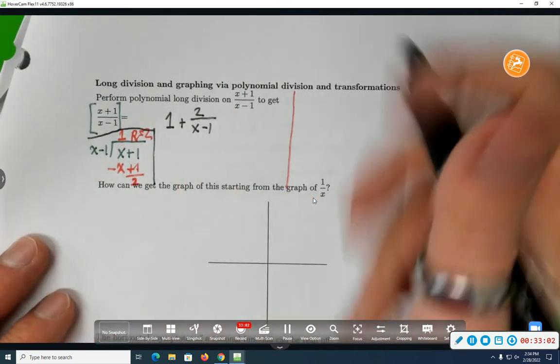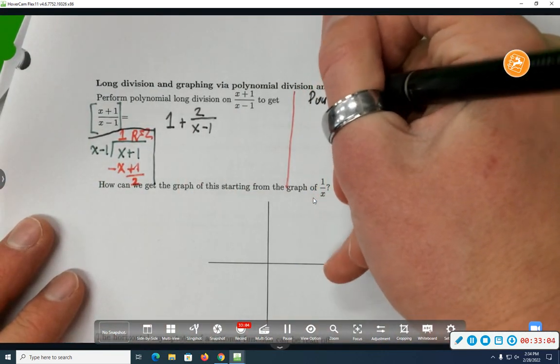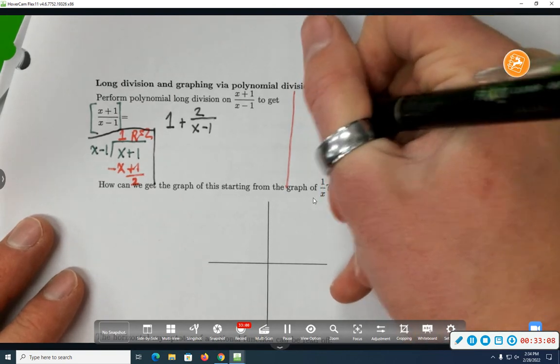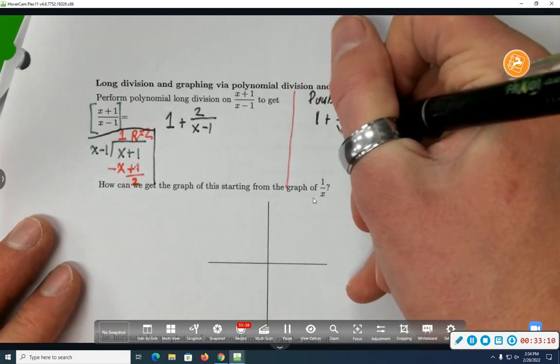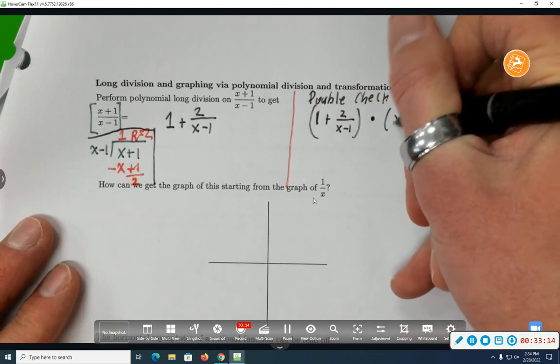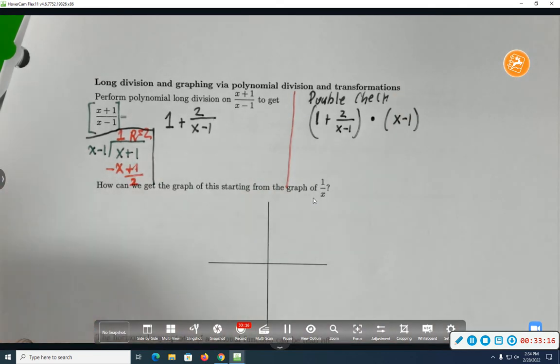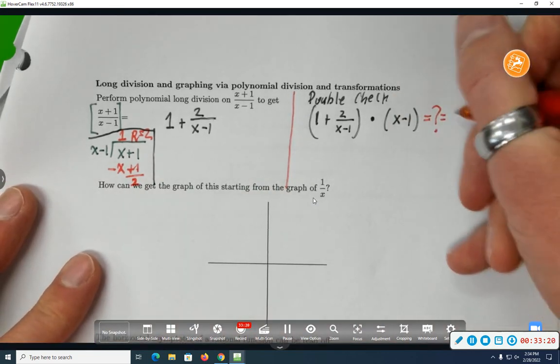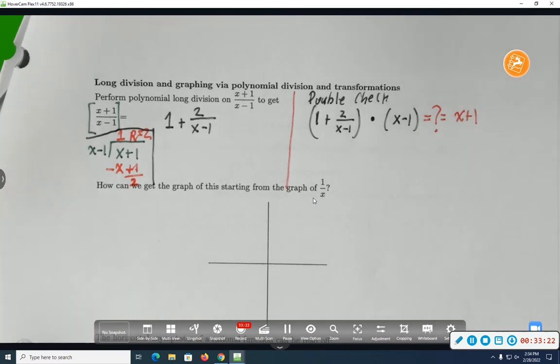If this is correct, then 1 plus 2 over x minus 1, if I take that and multiply it by x minus 1, it had better be equal to the thing in the numerator. Right, that's what division should mean. So let's just distribute this out, see if it works out correctly.